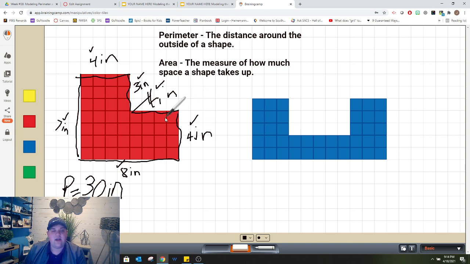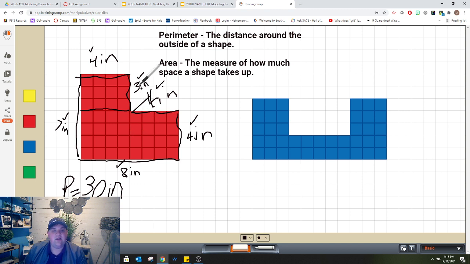Now to find the area, I can, if I wanted to, add each of these squares together because each of these is worth 1 square inch. I could also think about what shapes I see here. So I know if I were to draw a line right here, that would create a rectangle here and a rectangle here. So I could find the area of each of those.